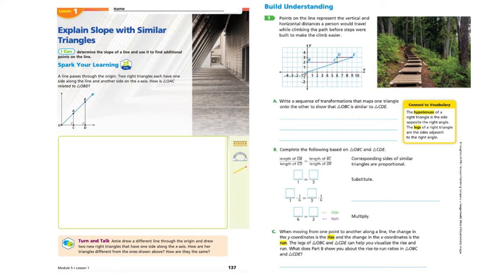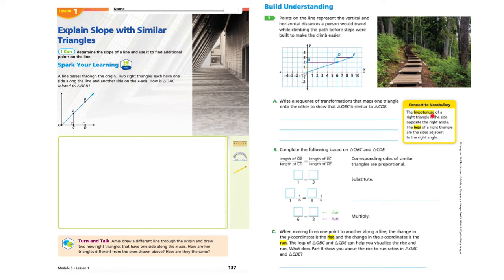So what transformations had to take place so that you could map those two triangles one onto the other? You may have to go back to modules 1 and 2 to look at the different transformations that we learned. And also let's look at this vocabulary that might be helpful.